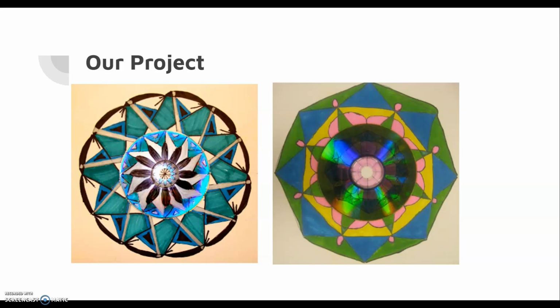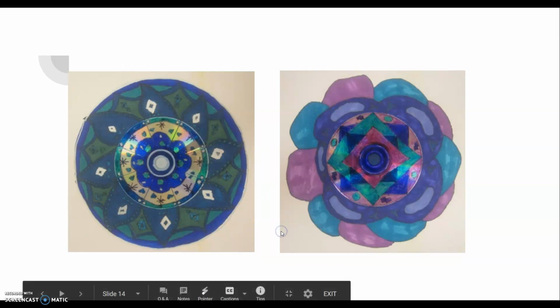I do not have CDs for you, so it is your job today to bring in an old CD, an old DVD, anything that you guys know you will not use anymore. If there's something on the front of it, that's okay, because we are going to be flipping it over and only using that shiny side of the CD.